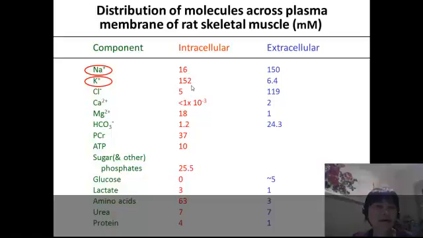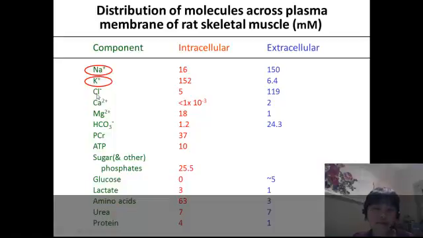And after the depolarization, during the hyperpolarization, potassium ions go from intracellular to extracellular when the potassium channels are opened. So these are some particular examples of membrane transport.